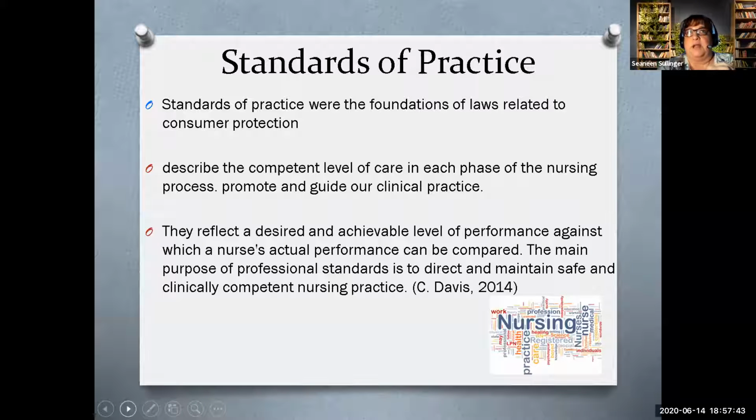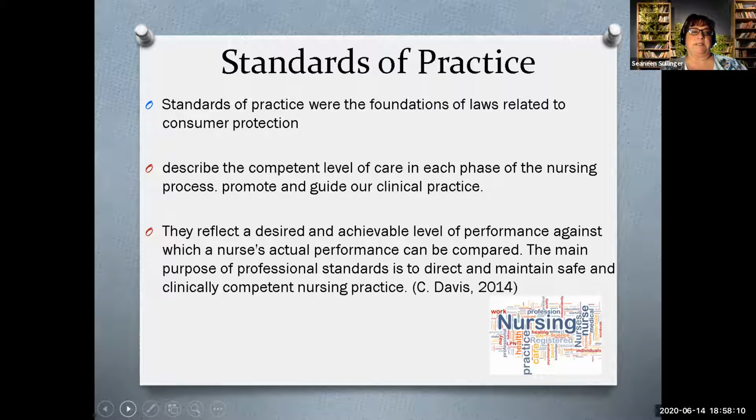We go back to the Nurse Practice Act, to your state board. So a nurse in Ohio has standards of practice there. In California, we have our standards of practice. They're pretty much the same, but there are some things that are different here and there. What it's trying to do is reflect that the nurse, or the respiratory care professional, has achieved a level of performance. It's a standard by which we can compare performance.